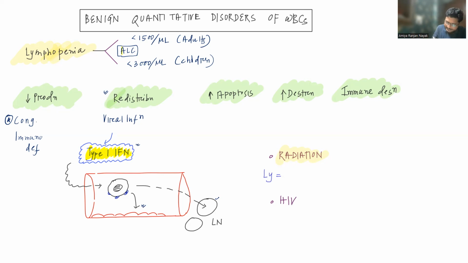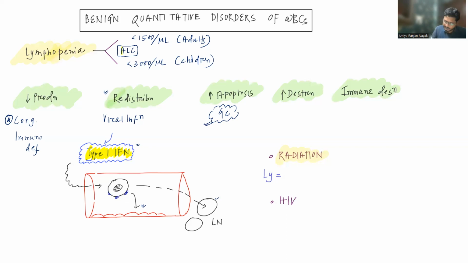Then there can be increased apoptosis of the lymphocytes, and this is done by the glucocorticoids. That is why in patients who are getting steroids for various therapeutic reasons, they can have lymphopenia, and also patients with Cushing's disease or Cushing syndrome will have lymphopenia.